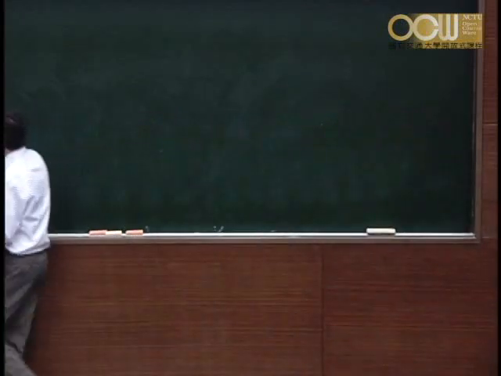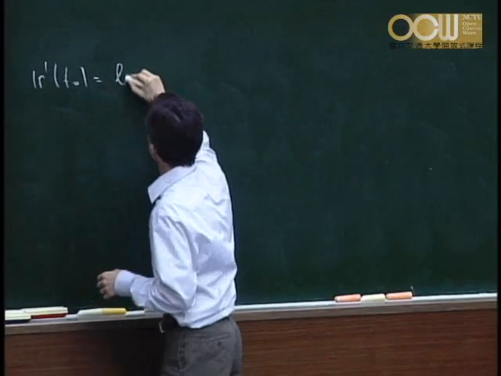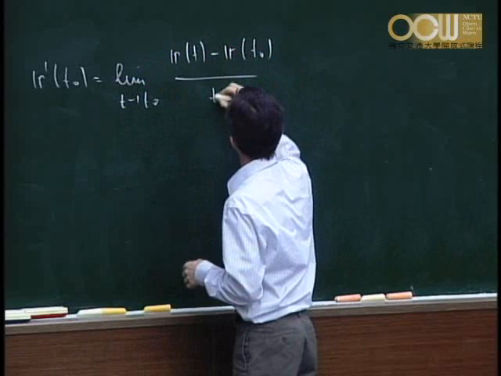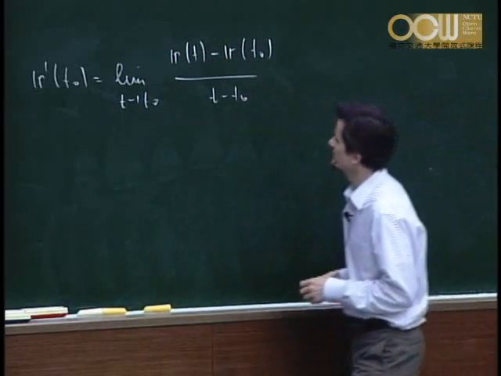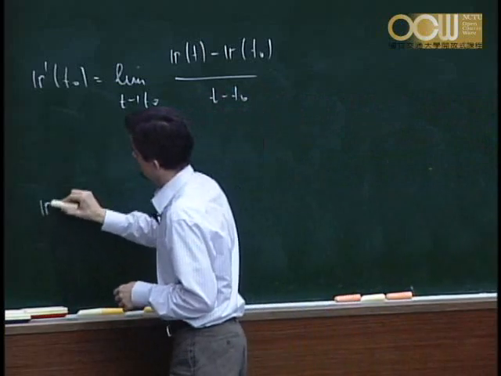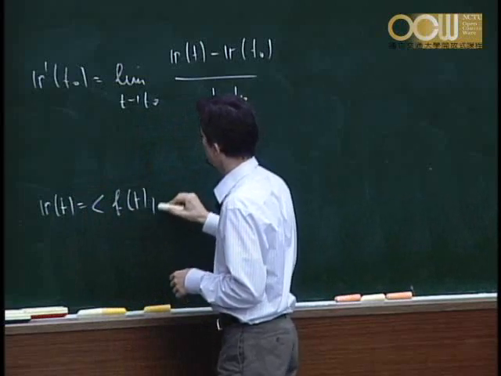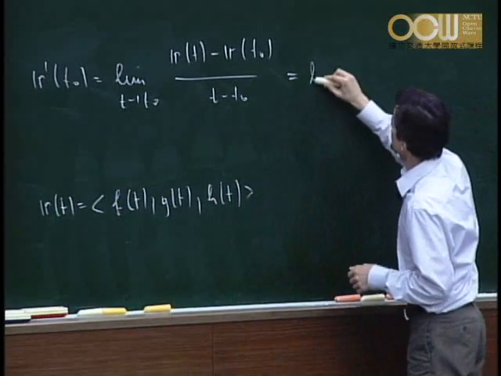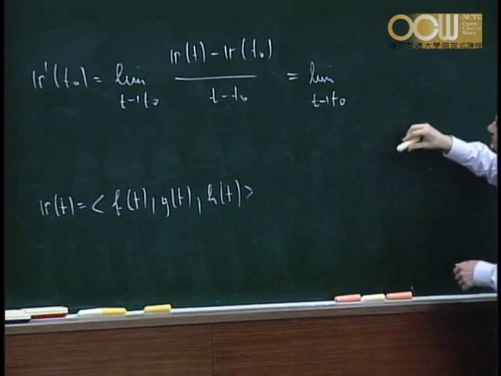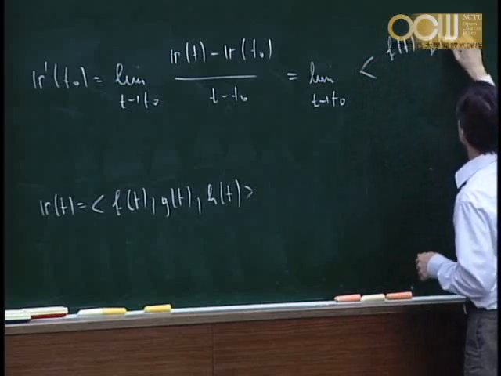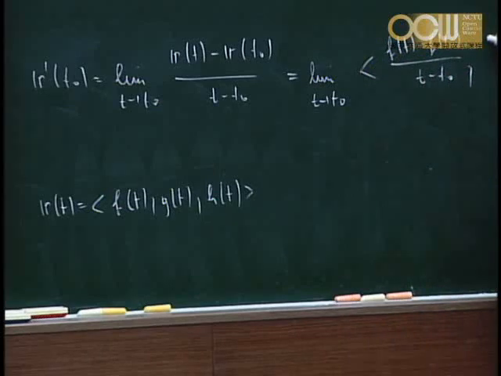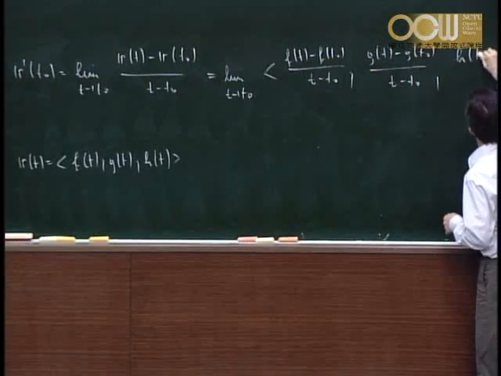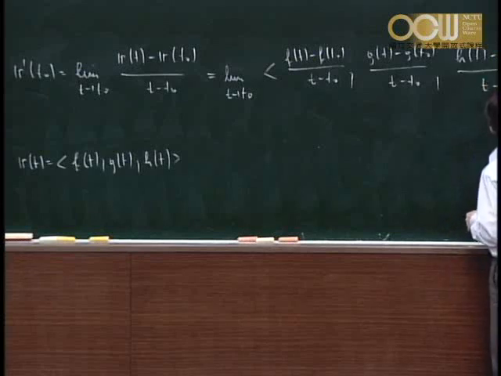Now, you see already from this definition, which I gave, this limit, t tends to t0, if we introduce coordinates, so if we say that this vector has component functions f of t, g of t, and h of t, then we see that this is the limit t tends to t0 of the vector with f of t minus f of t0 over t minus t0, g of t minus g of t0 over t minus t0, and h of t minus h of t0 over t minus t0.